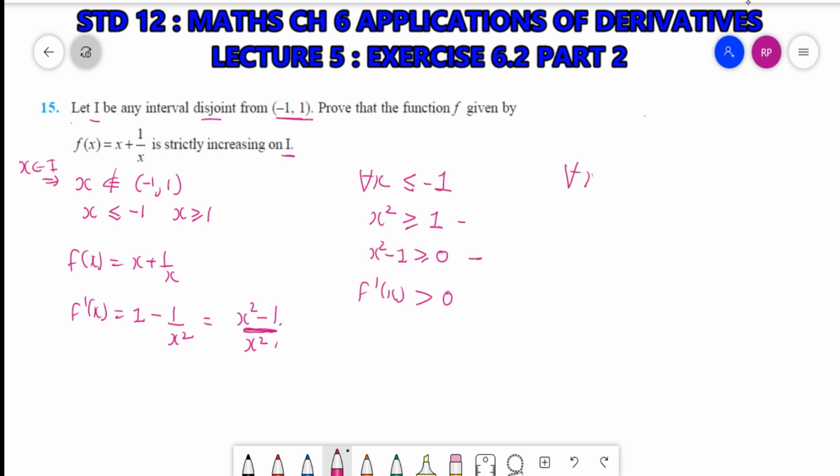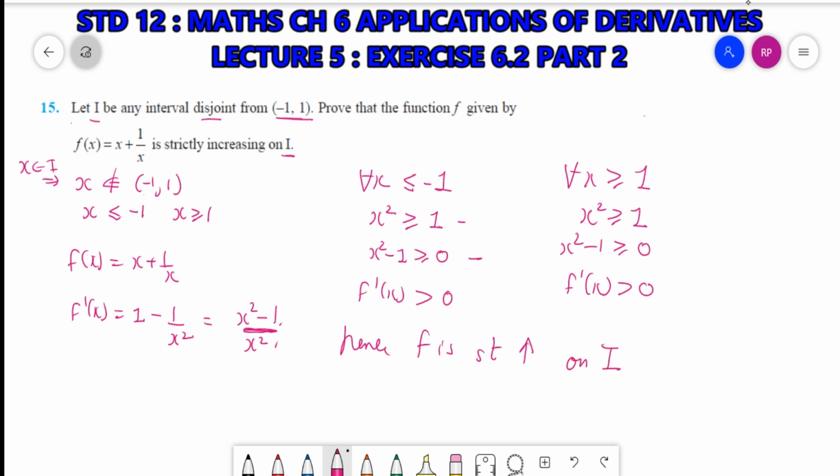And for every x greater than or equal to 1, again x square will be greater than or equal to 1 because it is positive only. And this means when I take 1 on this side, x square minus 1 will be greater than or equal to 0. Again, numerator and denominator both are greater than 0. So I will say f dash x is greater than 0. Hence, f is strictly increasing on I. Clear? So this was about question number 15. Just note it down.